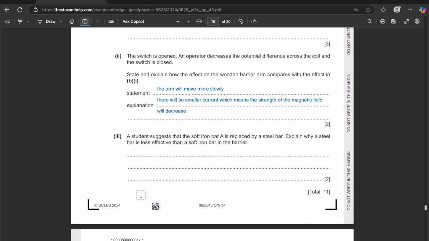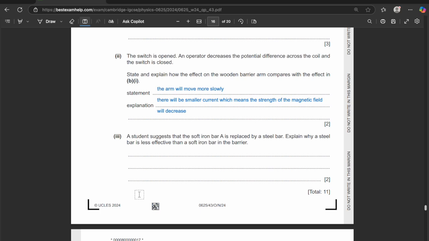Yeah. And 3, a student suggests that the soft iron bar A is replaced by a steel bar. Explain why a steel bar is less effective than a soft iron bar in the barrier. So soft iron is a soft magnetic material, and steel is a hard magnetic material, which means that it takes more time for steel to be magnetized or to be attracted by the electromagnet in the first place.